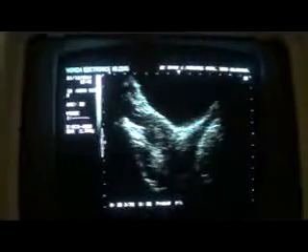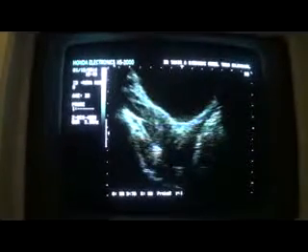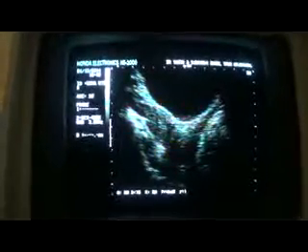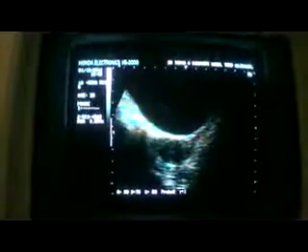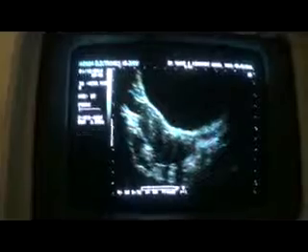Now it's very important to see, if we are dealing with a case of didelphys uterus, whether there are two vagina as well. You see, this is the vagina for the uterus on the right side, and when I go downwards, this is the vagina for the left-sided uterus.